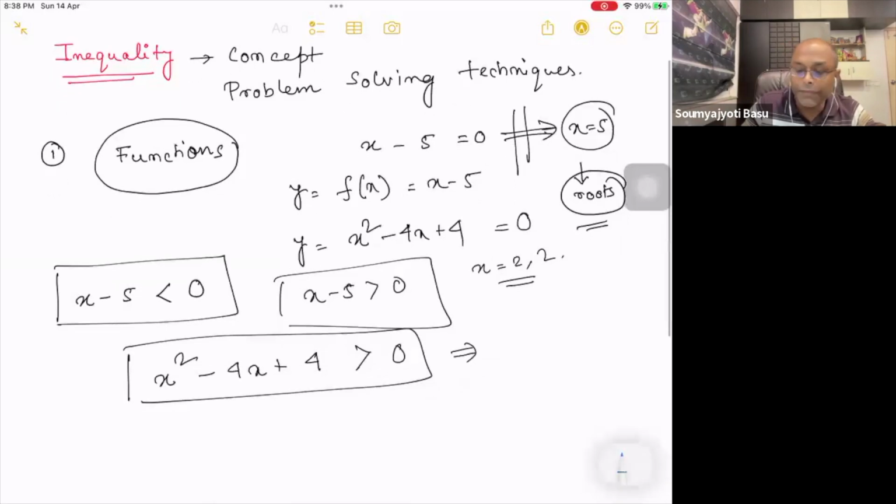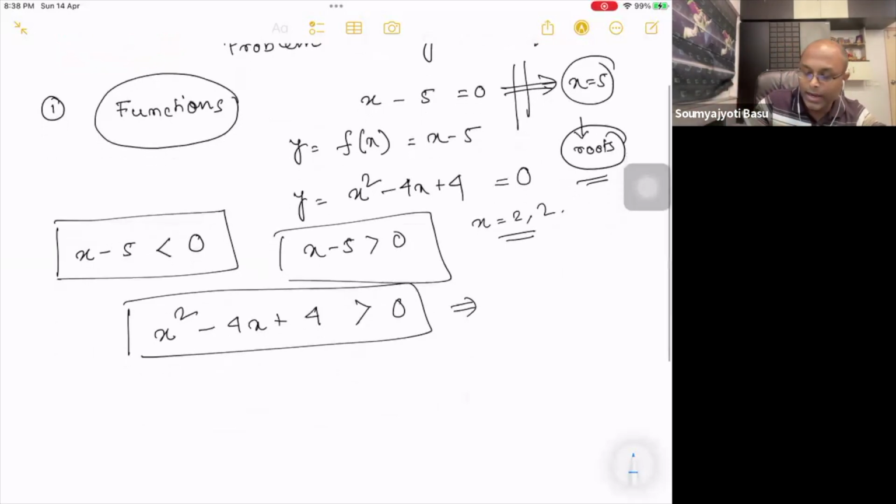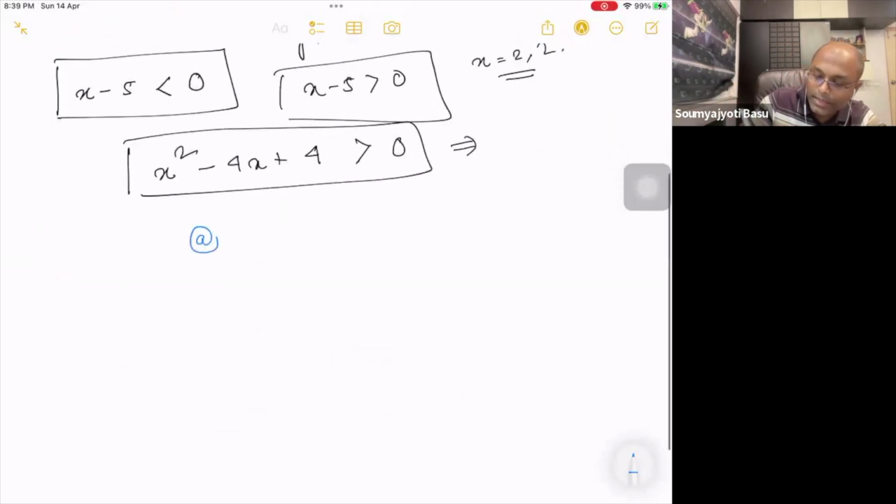So the first type of inequalities is where we have certain functions and we try to find the points where the function is not equal to 0. It may be less than, it may be greater than, and such functions can be algebraic functions, especially polynomials.